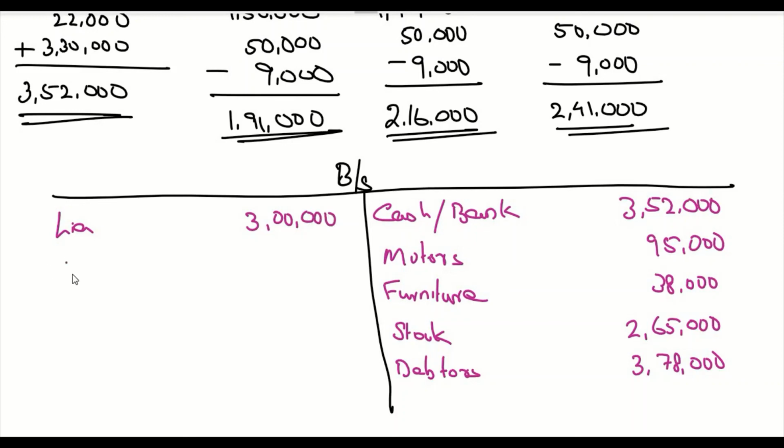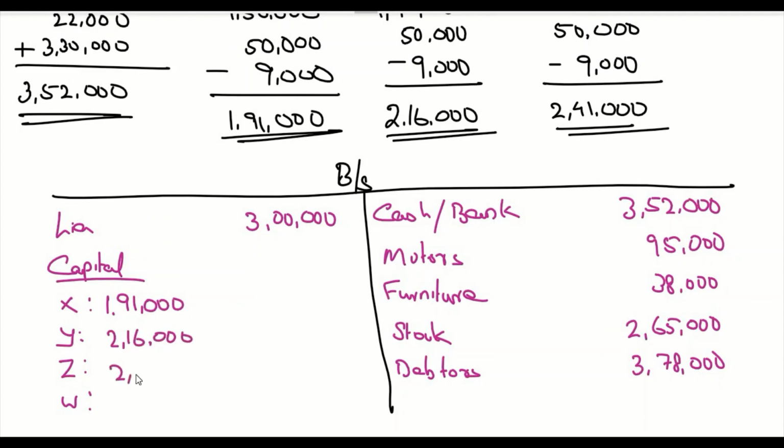There is change in the capital balances, X, Y, Z and W. So balances are given here: 1,91,000, 2,16,000, 2,41,000, and W is going to bring a capital of 1,80,000.